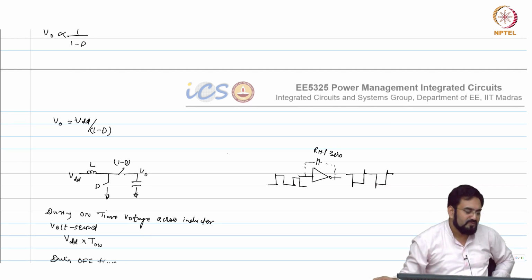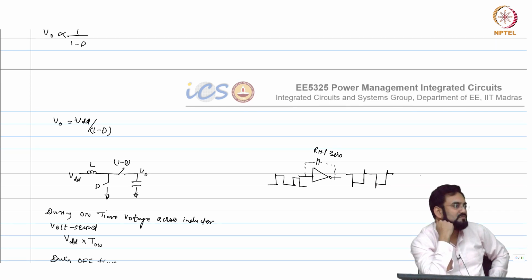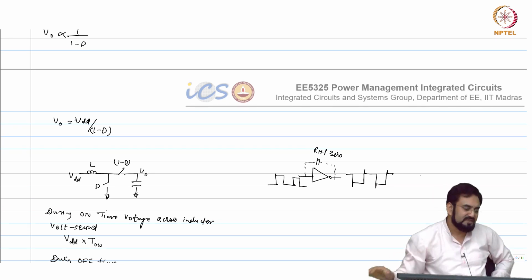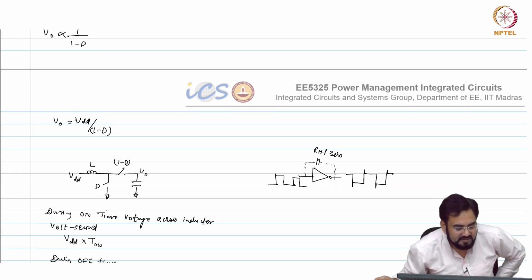So where is the charging switch? With the ground or with the output? When your switch is connected to ground, what happens to the output? Who is supplying current to the load? The capacitor is supplying, because the output is disconnected. So there is a discontinuity between these two switches, between output and your input.